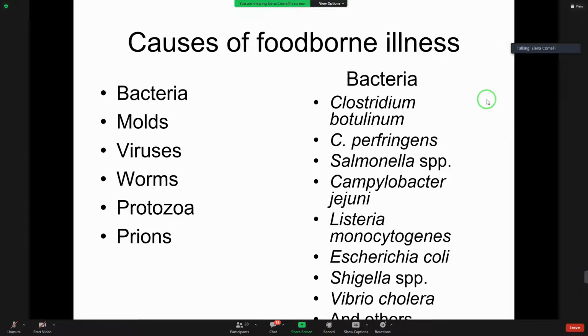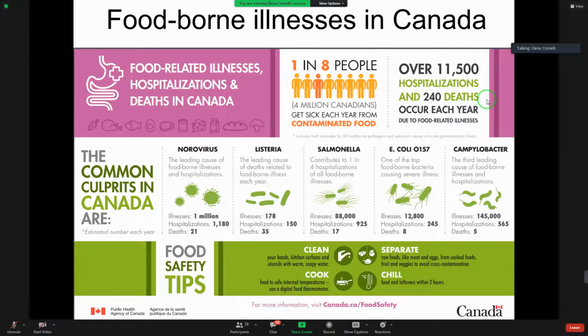There are many different causes of foodborne illness across the entire spectrum of microorganisms, including bacteria, molds, viruses, worms, protozoa, and also prions. But in Canada, as this infographic shows, there are 5 major culprits, and these are the ones shown here. The norovirus, which is the leading cause of foodborne illnesses and hospitalization in Canada.